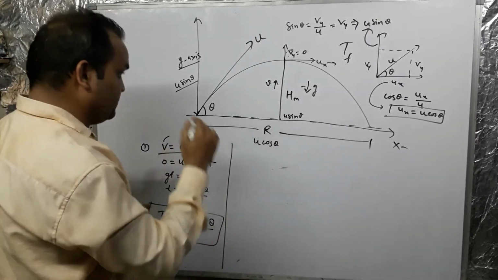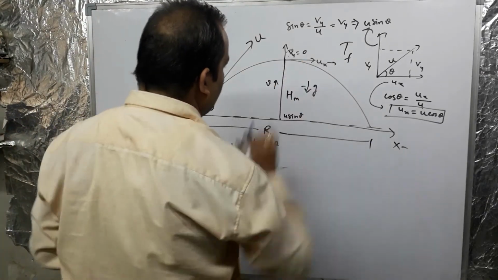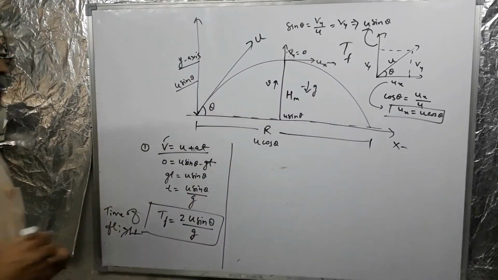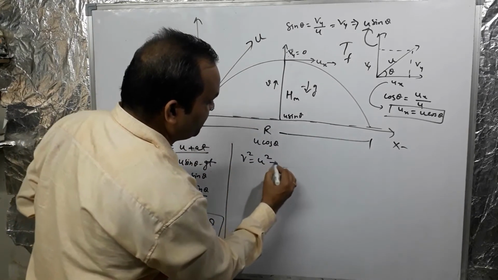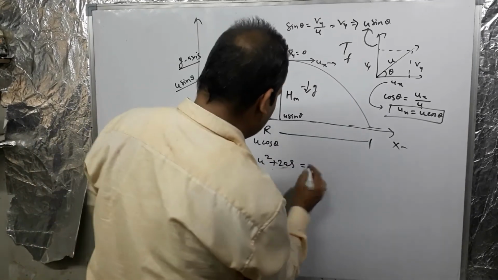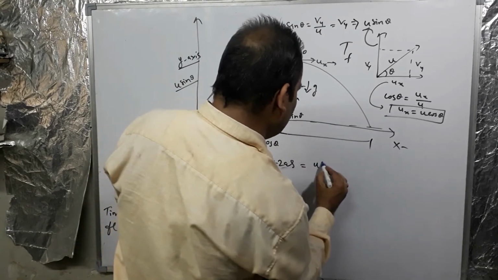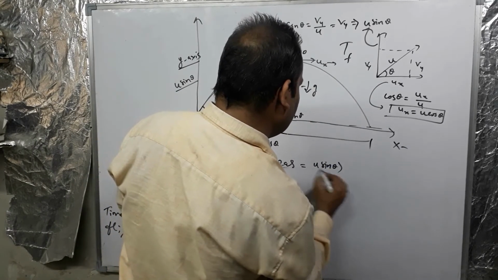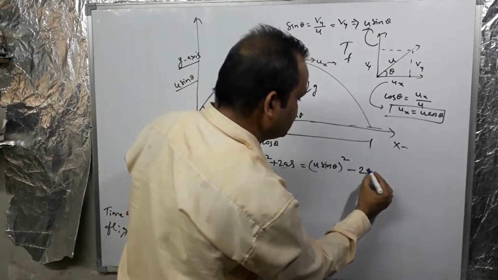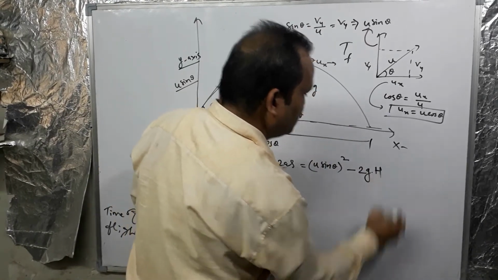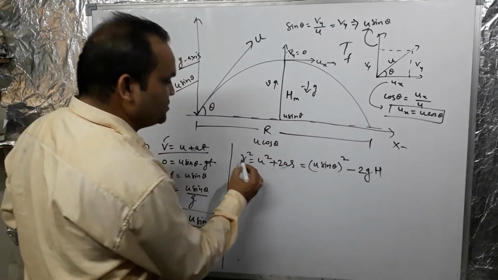You can write maximum range and maximum height. So how do we get the maximum height? v square is equal to u square plus 2as, but again u is vertical, so u sin theta, minus 2, and the acceleration is again minus g, and s is nothing but your height, and the final velocity is 0.